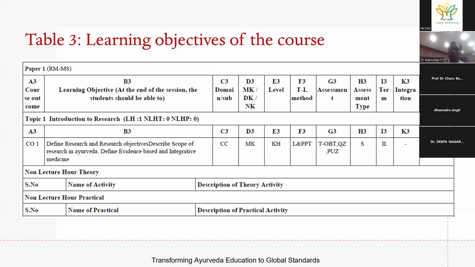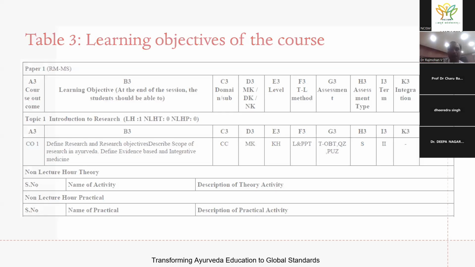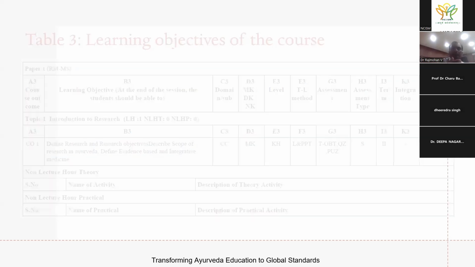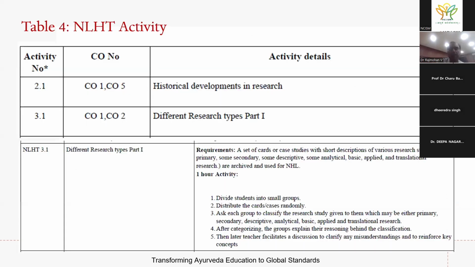There is no practical activity. We only have the non-lecture theory hours. All the guidelines we have prepared, and specific non-lecture activities are also designed here. I have given it as an example: historical development of research, and we can see the NLH activity defined, research type part 1.